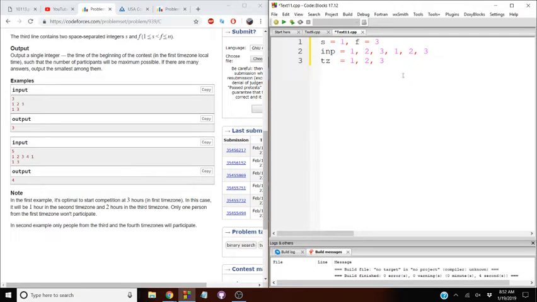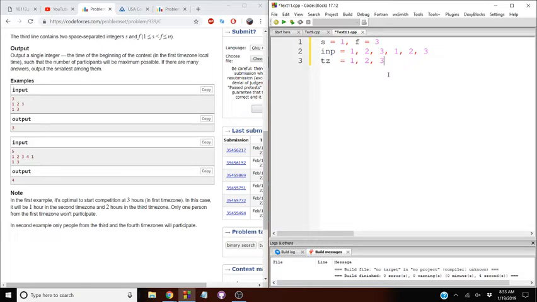Okay, you don't need to double the time zone array. This represents, it goes diagonally. So 1 is in time zone 3, 2 is in time zone 1, and 3 is in time zone 2, right? And this represents that 1 is in time zone 2, 2 is in time zone 3, and 3 is in time zone 1.